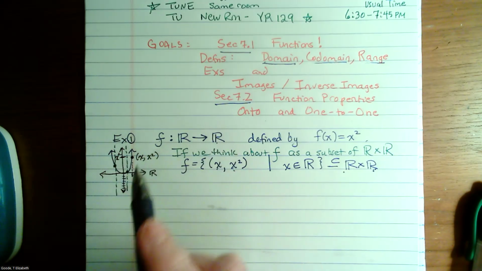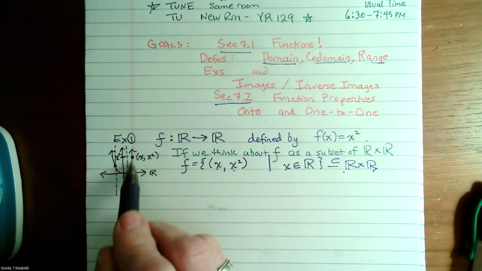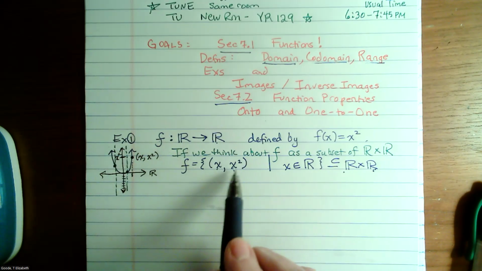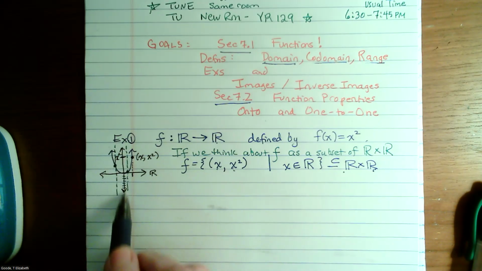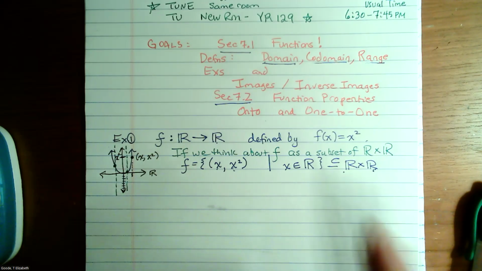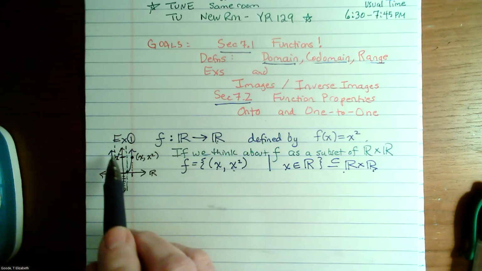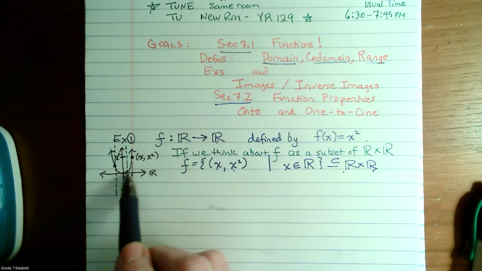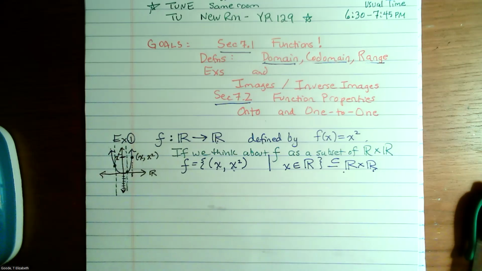So there's a real difference between the y values that actually are achieved by x squared for some real x and the set of all the possible y values, kind of like a target that we're shooting at. We don't hit everything in the reals. We only hit the non-negative real numbers as our y coordinates.